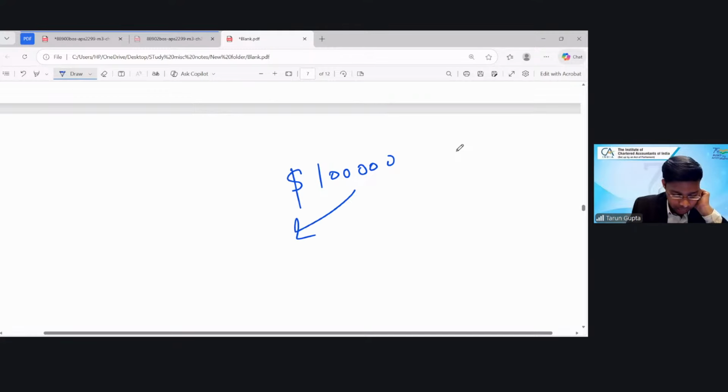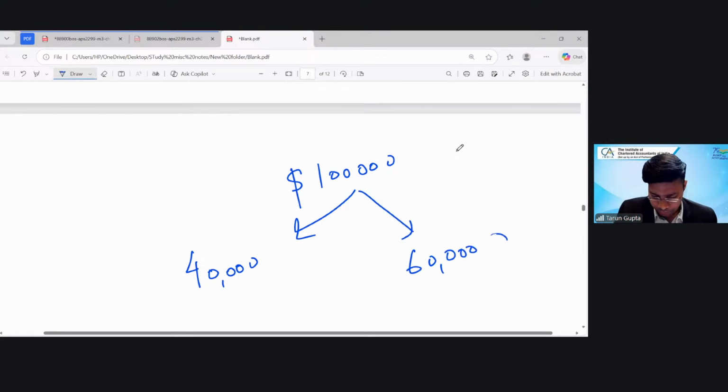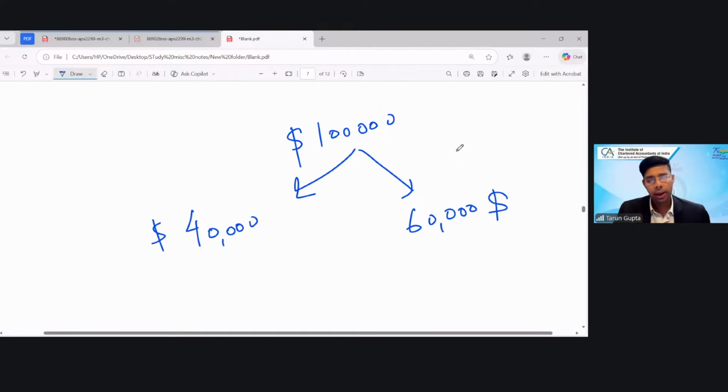Out of this $100,000, $40,000 is explained, money on which tax was paid in India and it was remitted outside India, and $60,000 is undisclosed.